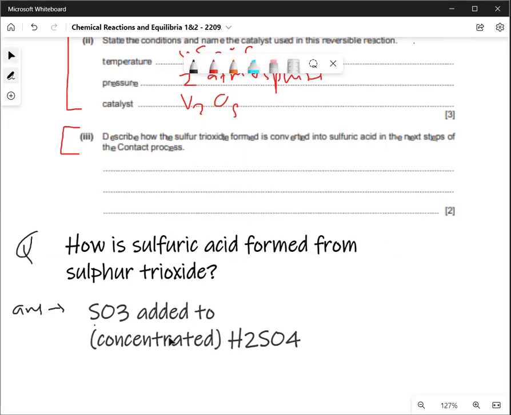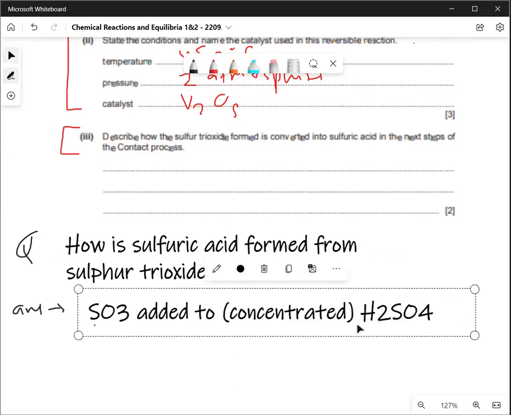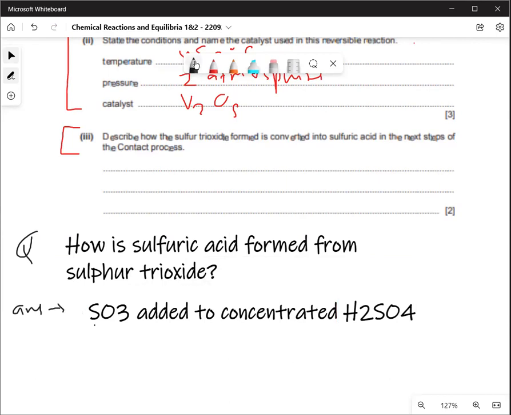Write the whole thing. Don't put brackets there. Just put concentrated H2SO4. That's the first step. After you have SO3, then step 2 after that is H2SO4.